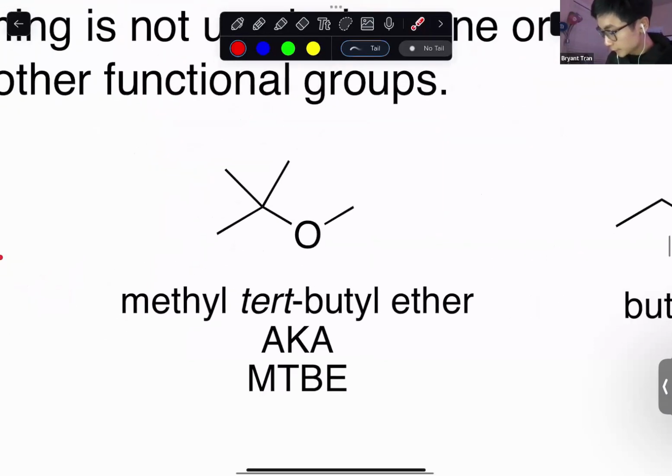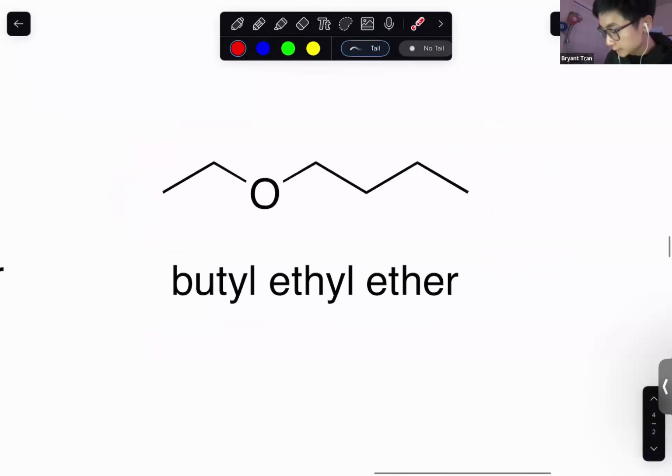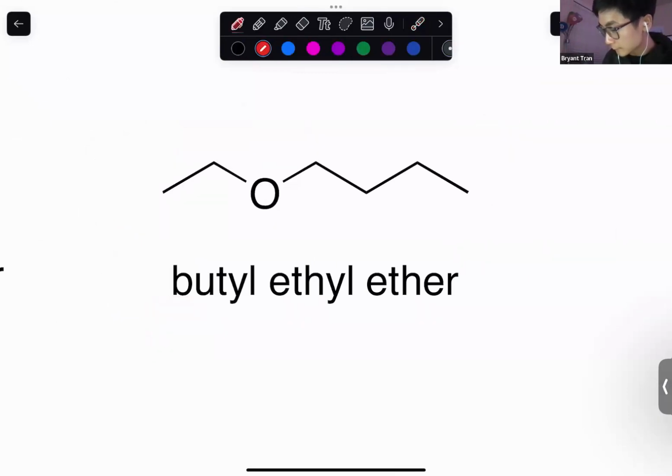So the name here is methyl tert-butyl ether, and that can be abbreviated as MTBE. This is butyl ethyl ether, where we have 4 carbons and 2 carbons there. And butyl comes first because B comes before E. So this is alphabetical order here.